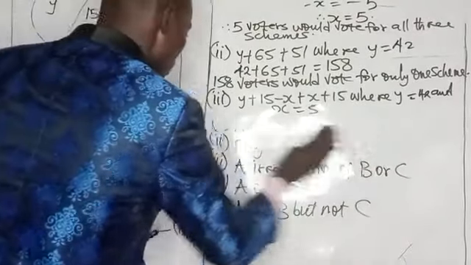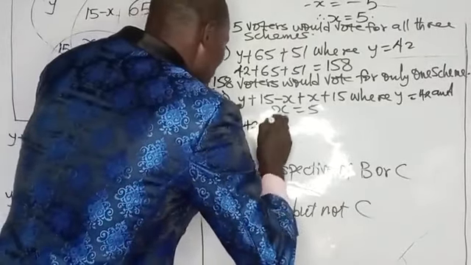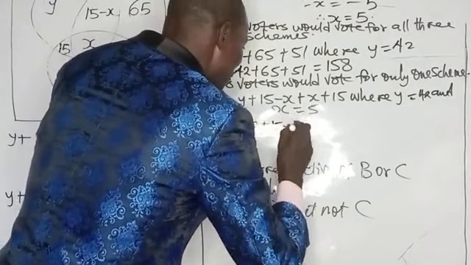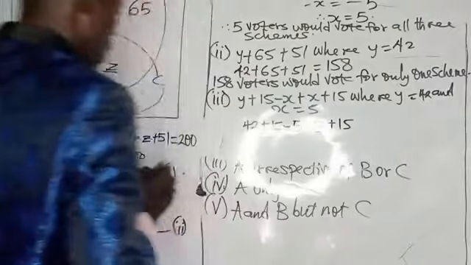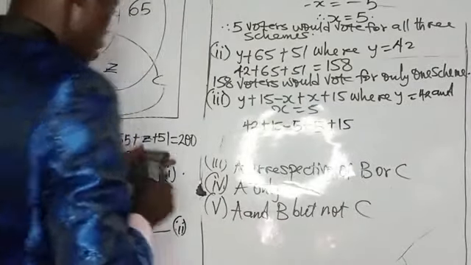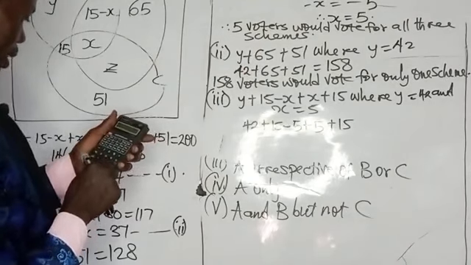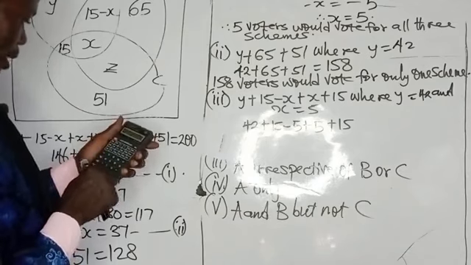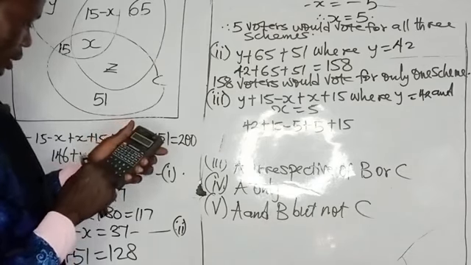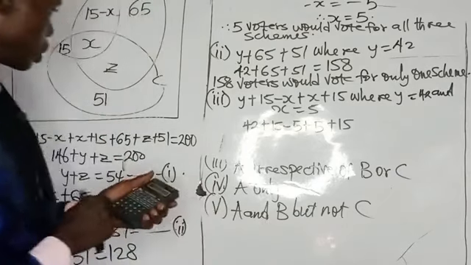Now, Y is 42, plus 15, minus X is 5, plus X is 5, plus 15. So you have 42 plus 15 minus 5 plus 5 plus 15. Let me total that. Y is 42.